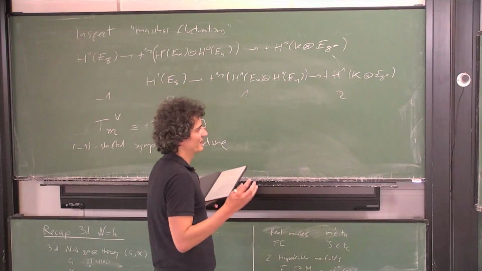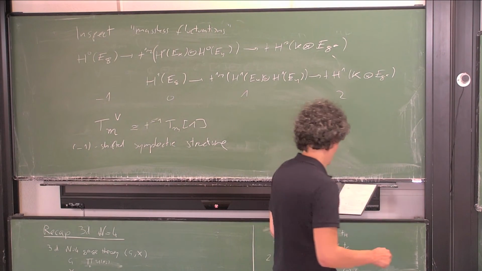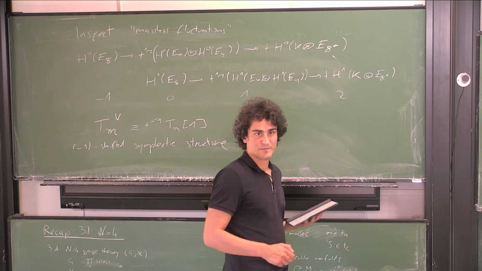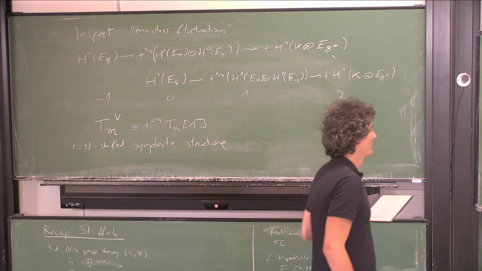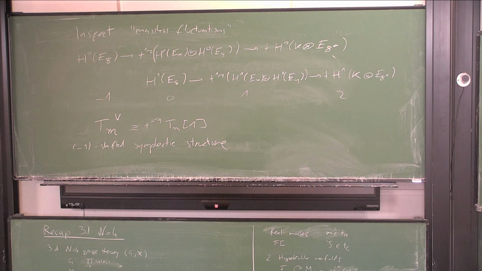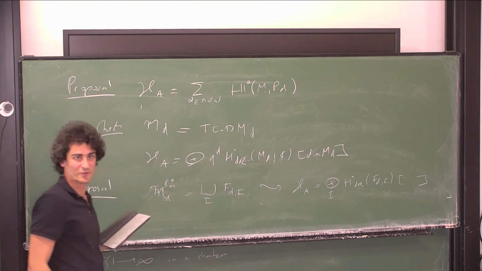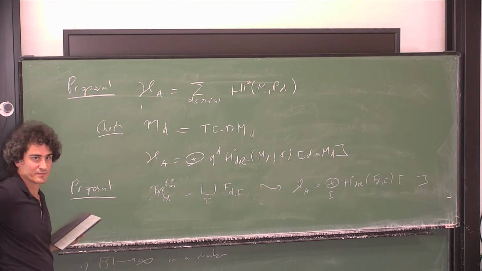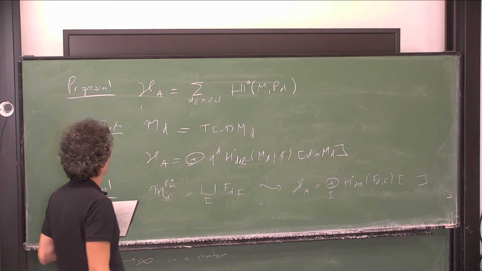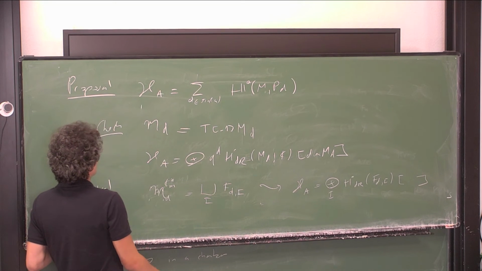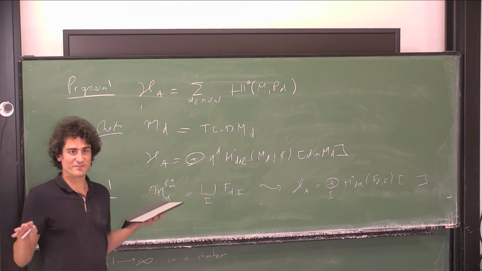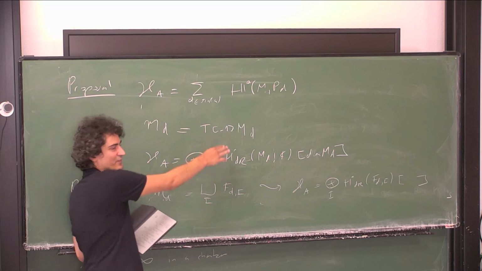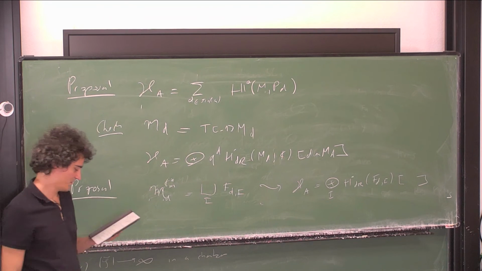What's the difference between ordinary M and curly M? It's a classical truncation of MD, so you throw away the odd components. The classical moduli space is MD, but if you take into account all the fluctuations around it, it is T minus 1 of MD.